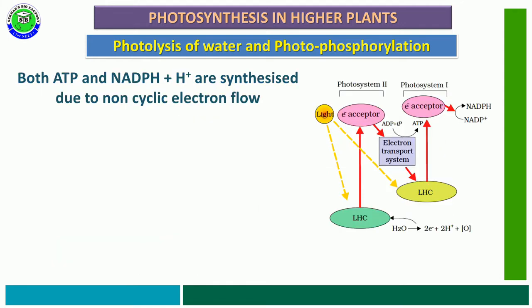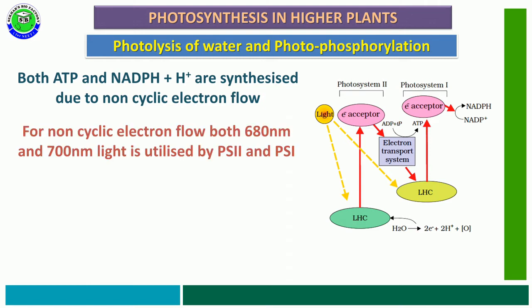During this non-cyclic electron transport, whenever electrons travel in the Z pathway, ATP molecules are formed along with these NADPH plus H plus molecules, and it is achieved due to non-cyclic electron flow in between PS2 and PS1.